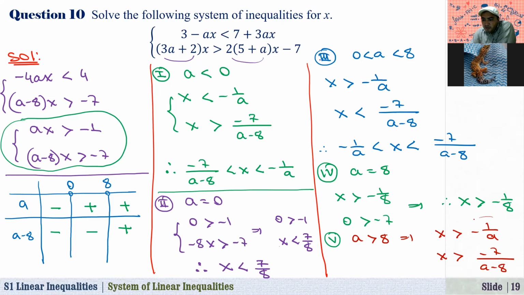Actually, the first one is a very small number, right? Because it is between negative 1 and 0. But how about the second one? It is greater than negative 7 over something greater than 8, right? So it is smaller. Okay, so at that time we can just compare and write the final solution.